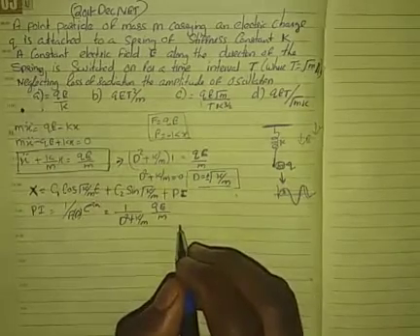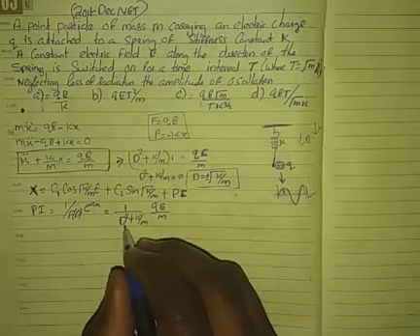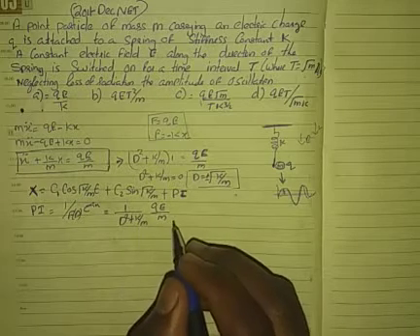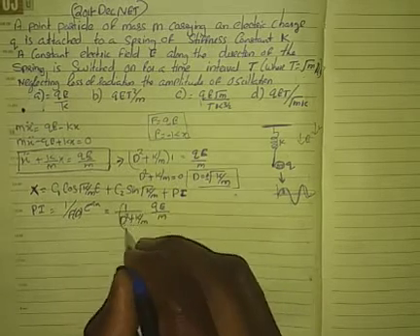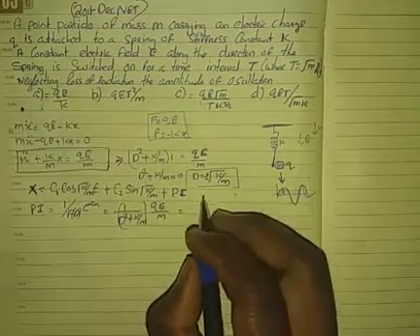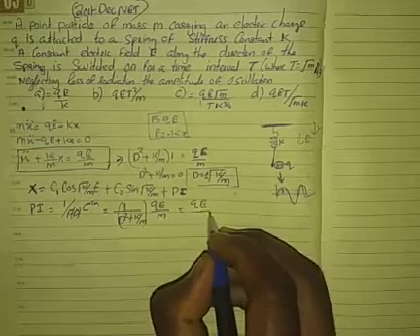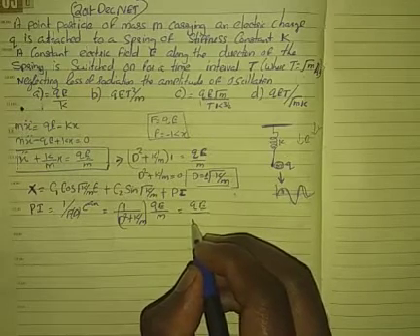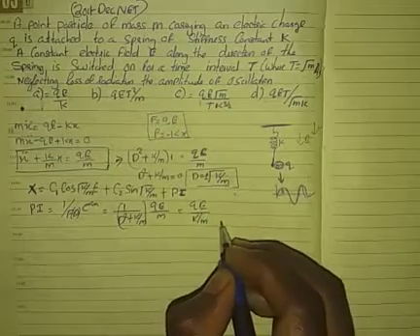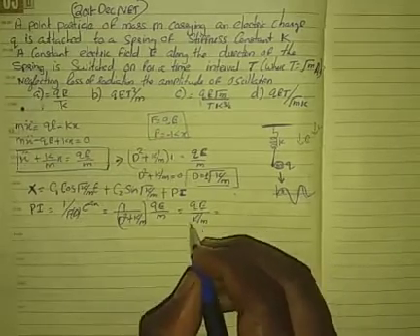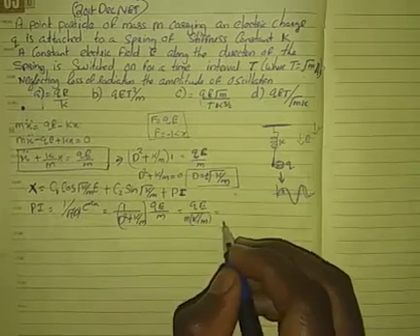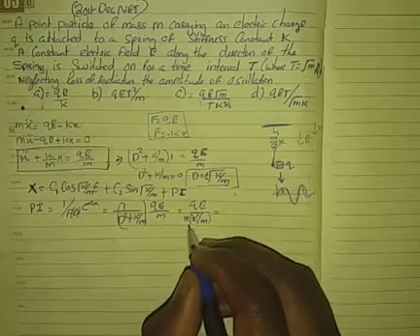Now you can put D squared equal to 0, and we get qE by m divided by k by m.